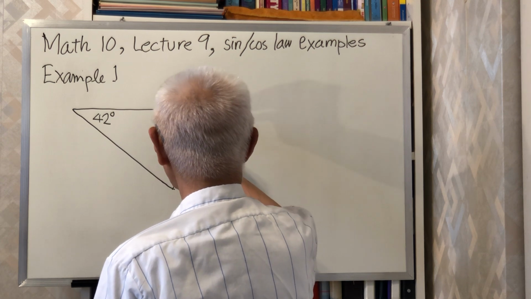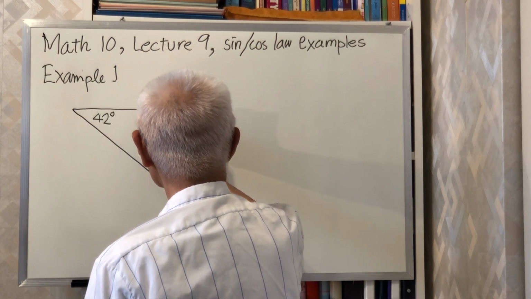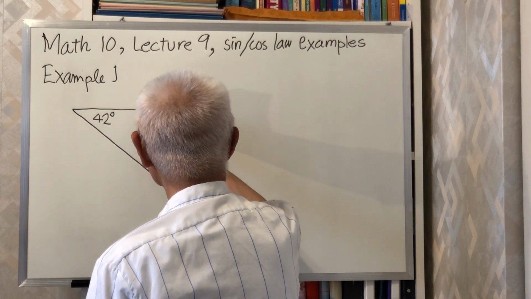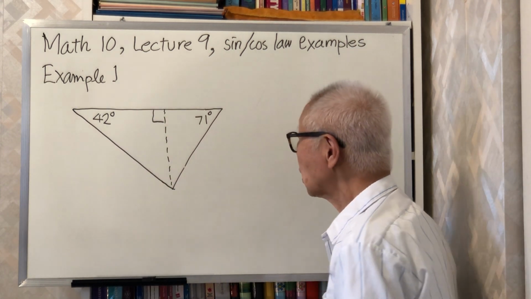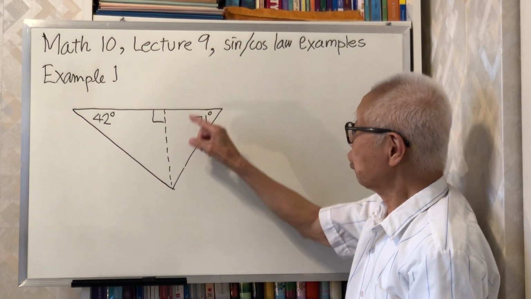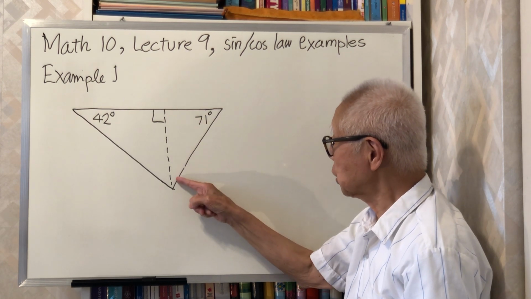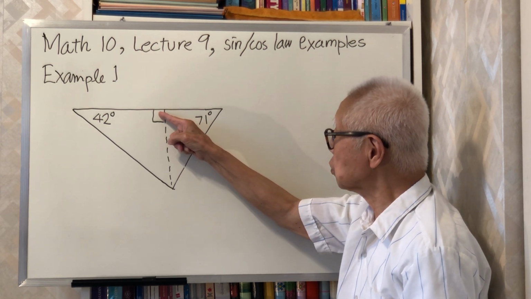What do I want to find? I want to find how long this line segment is, and this is perpendicular, 90 degrees.